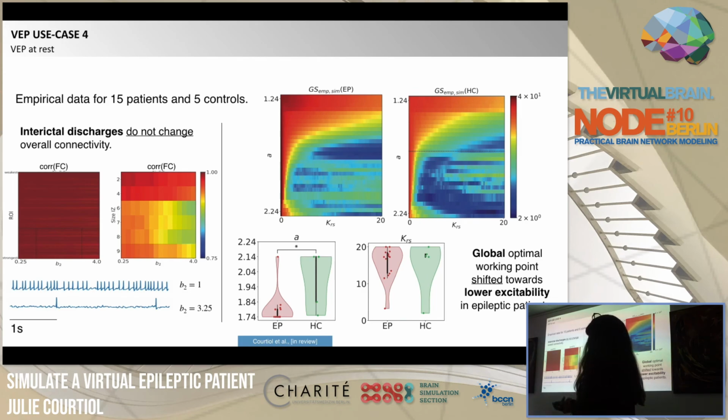But in the literature, we know that between control subjects, or even control regions, and pathologic regions, we have alterations in the connectivity. So they modified the excitability of the epileptogenic nodes only, to see if more excitable nodes would alter the overall functional connectivity and also fit better to the empirical data, and it was shown that yes.